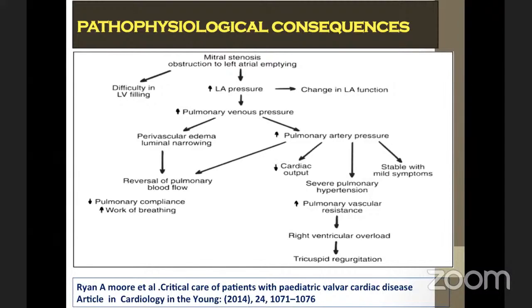This subsequently decreases the cardiac output on the left side as well as the right side, because there is back pressure on the right side of the heart as well. So on both sides, the cardiac output is decreased. In the subsequent course, there is tricuspid valve involvement and tricuspid regurgitation. Then things will be difficult to manage in the non-cardiac theater at times.